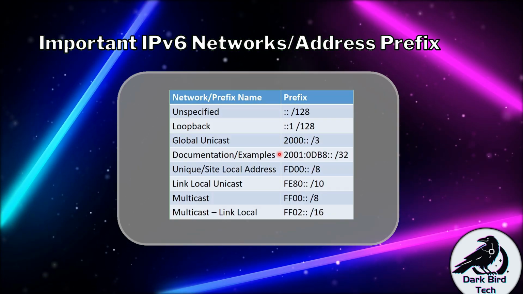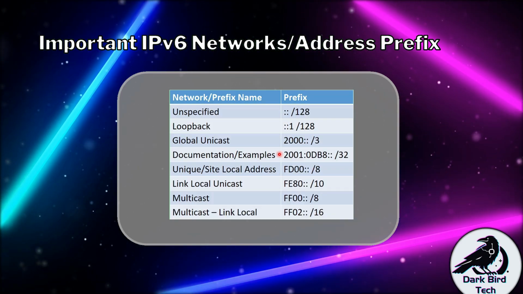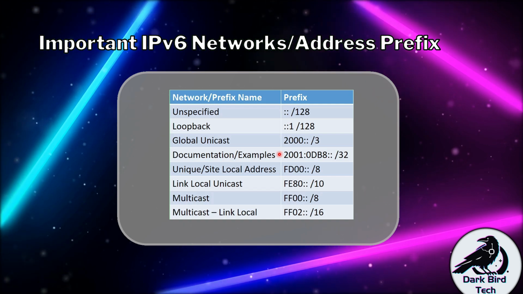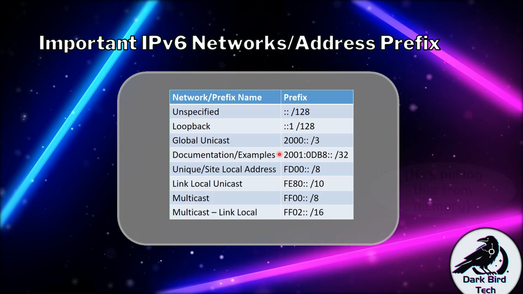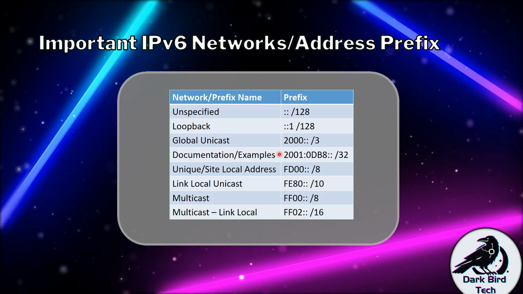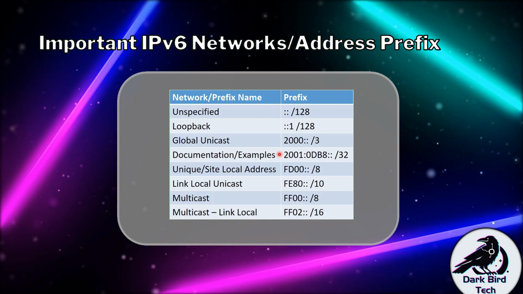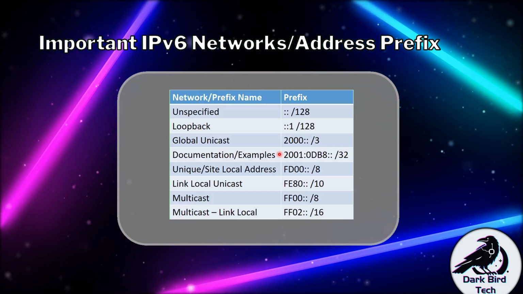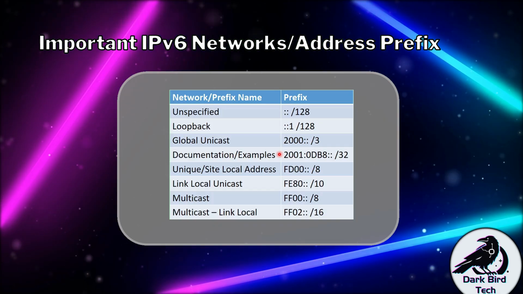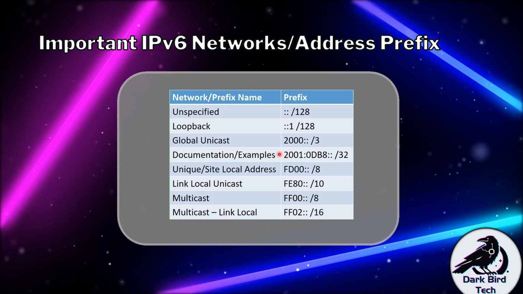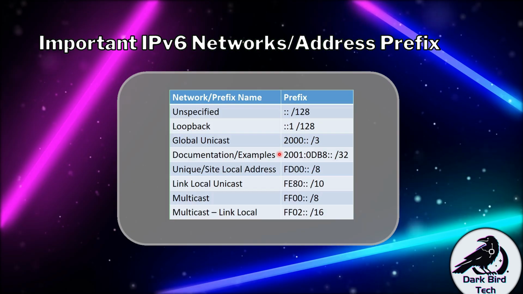Now, if you're wondering, hang on, we didn't have documentation or example networks in version 4. Well, we used to. 192.0.2.0, 198.51.100.0, and 203.0.113.0 were IP version 4's example networks. But as the address bases have been getting used up, those networks have started to become available for public routing.